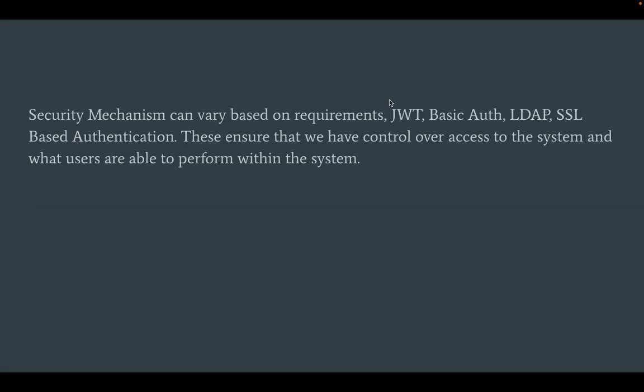So security mechanism can vary based on requirements. You have token-based authentication, which is JWT. You have basic auth, which is username and password. You have LDAP, which is Active Directory authentication. You have SSL-based authentication. And these ensure that we have control over access to the system and what users are able to perform within the system.